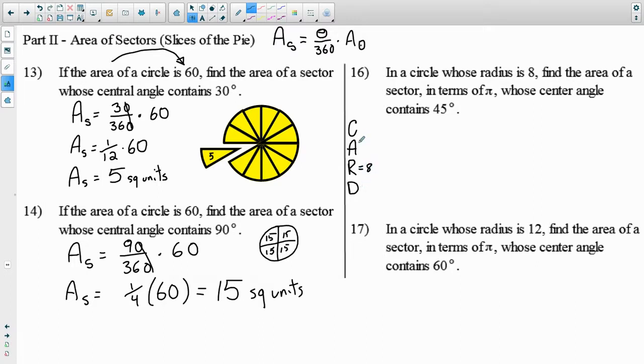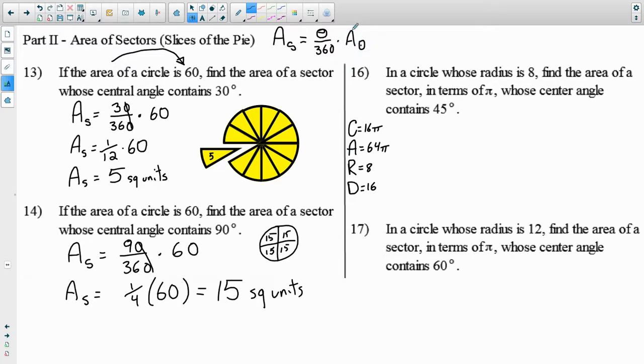With the radius, I could go straight to the area, but let's just fill in the whole card since we've been practicing that. That means the diameter is 16. It means the circumference is 16 pi. But most importantly for this problem, it means that my area, which is pi r squared, is going to be 64 pi.